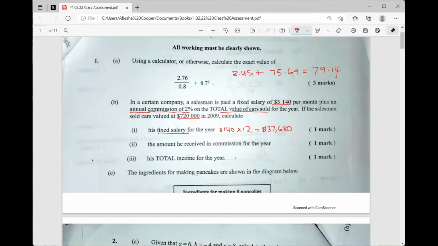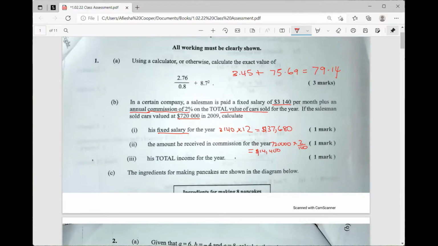So we know the commission is 2% of the car value sold for the year. So for the year, he sold 720,000 worth. So this will be 720,000 multiplied by 2 over 100, which will give me an answer of $14,400.